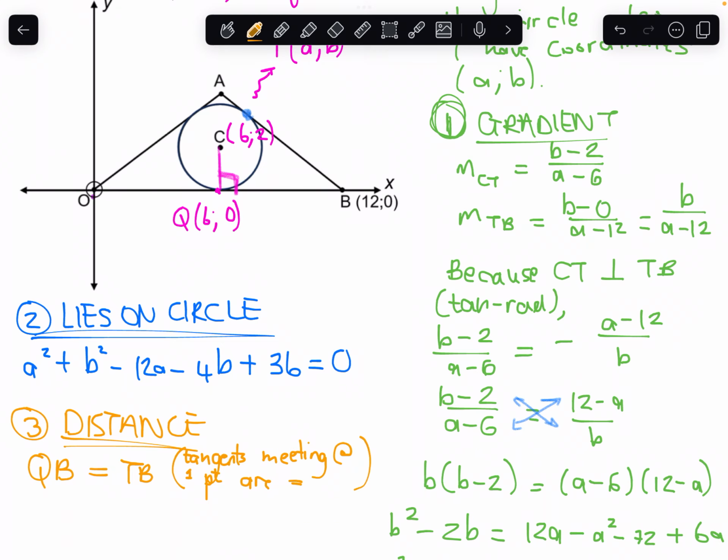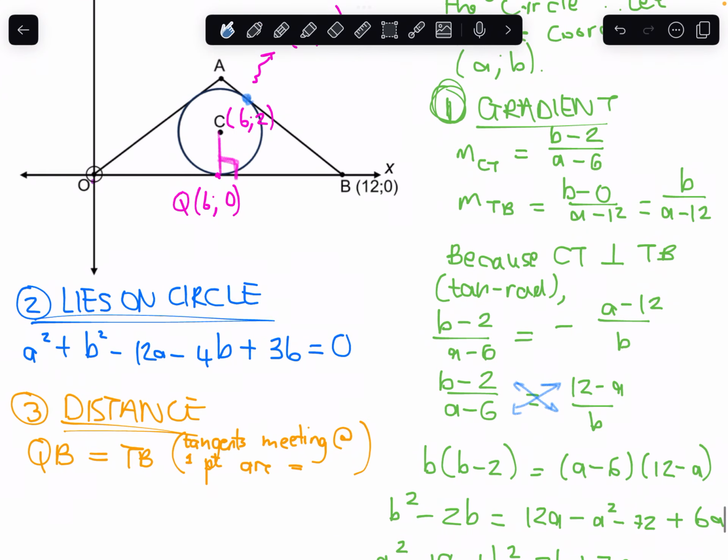I don't know what the official reason for that theorem is, but I think that's detailed enough for me to get a pass. And we know that QB has a length of 12 minus 6, which is 6. And so therefore TB is also 6 units long.